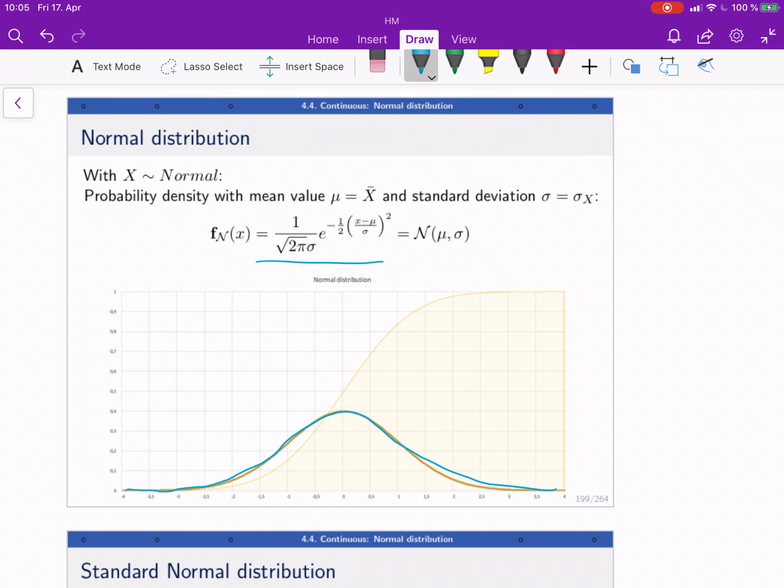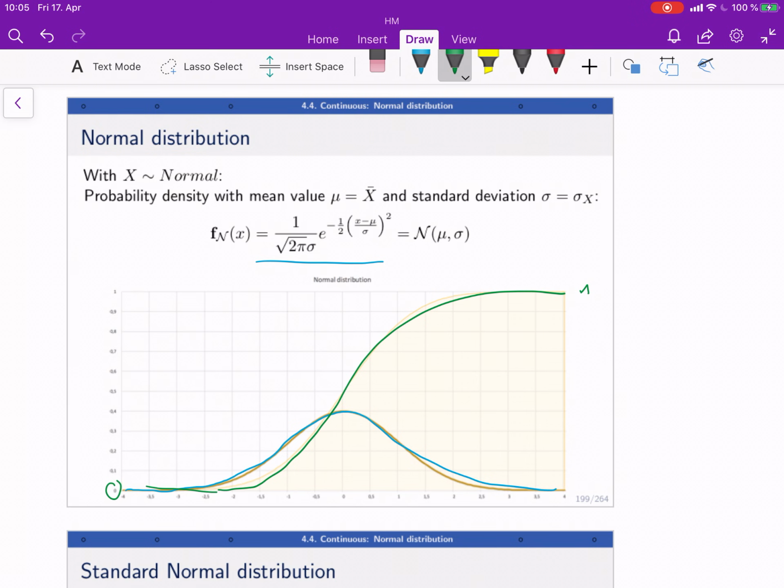Some of you who grew up in Germany and still remember the old 10 mark note, that's the Gaussian bell curve as it was printed on there. And then the CDF is this one here. Not very spectacular, but it does everything a CDF needs to do. It starts at 0 and it ends at 1 and only goes up, up, up.